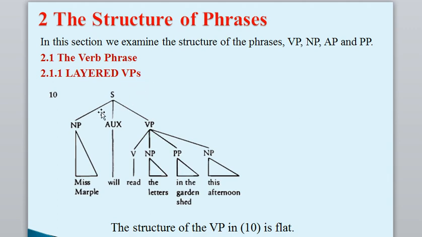Layered VPs. You see here we have an example sentence: Miss Marple will read the letters in the garden shed this afternoon. This sentence consists of the subject, the NP, Miss Marple, the auxiliary will, and the VP.